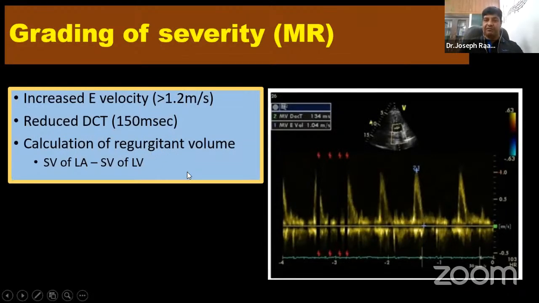If the same concept is used for calculation of the stroke volume of the left atrium, then if you detect the stroke volume of the left ventricle, that means that amount of blood has gone back into the left atrium. That's logical, correct? So if you can do that, then you can pick up the regurgitant volume also. Then you can analyze the severity of the mitral regurgitation.